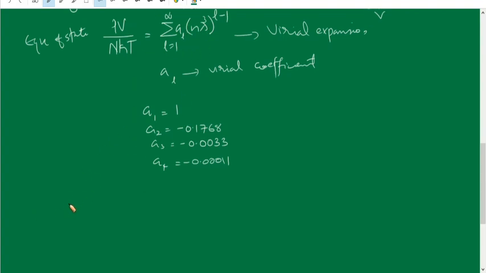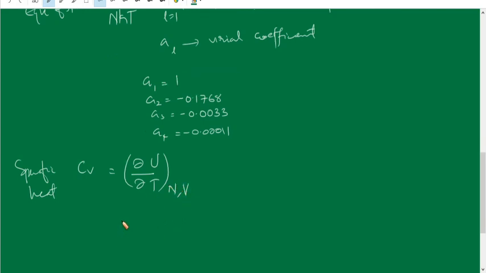Now next is the specific heat capacity at constant volume, CV. Specific heat at constant volume is equal to the partial derivative of the internal energy with respect to temperature, taking number of particles N and volume V constant.